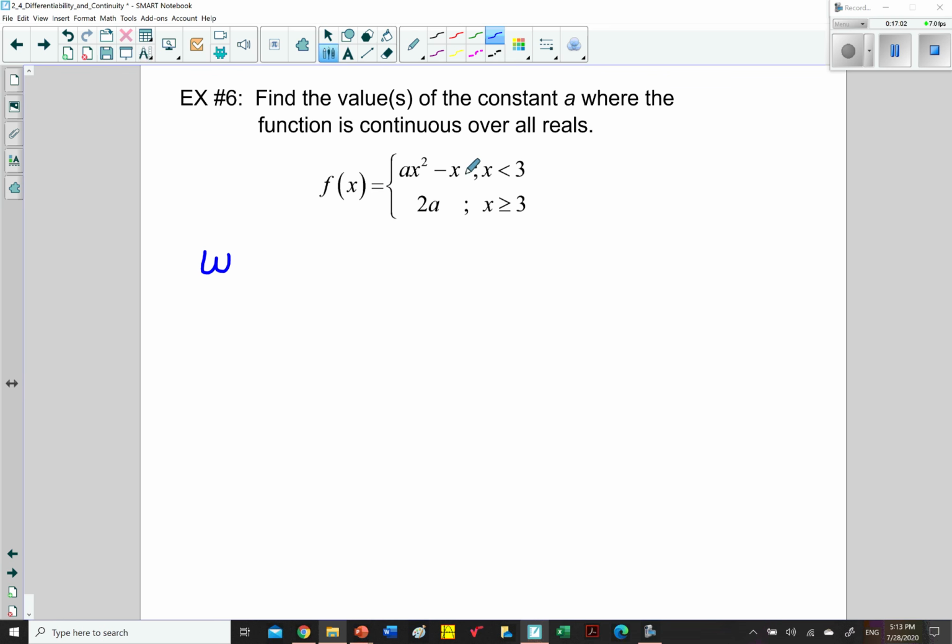Here's our issue. When x is 3, what happens? When x is 3, we can put a 3 in here. That's 9a minus 3 on the left. And what happens when we put a 3 here? We got 2 times a, because there's no x there. So 6a, 7a.